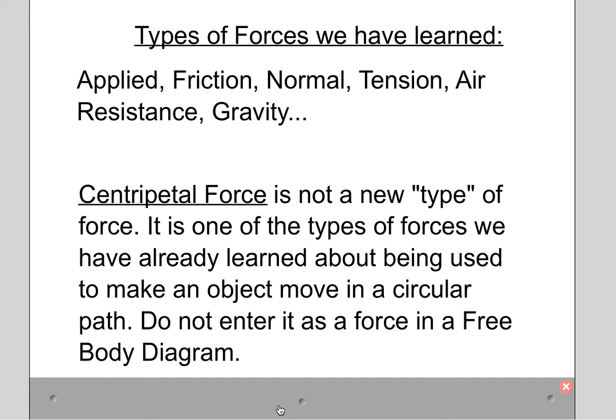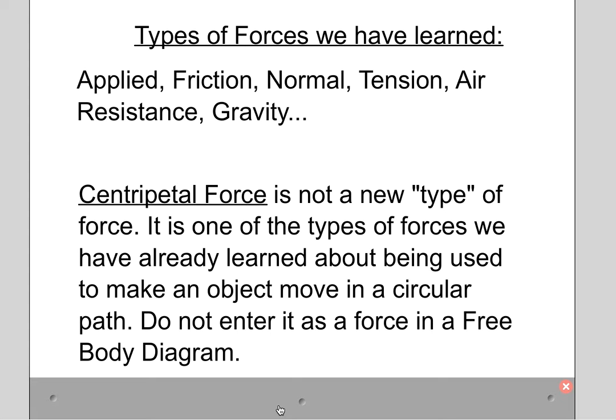It might take a little while to think about, but I'm just trying to say here that when you make a free body diagram, for instance, when we outline all the forces acting on an object, you don't put centripetal force into a free body diagram. You just put the types of forces that we've learned about so far into your free body diagram. And you look and you say, which of these forces is the one or ones that are acting to create the circle?